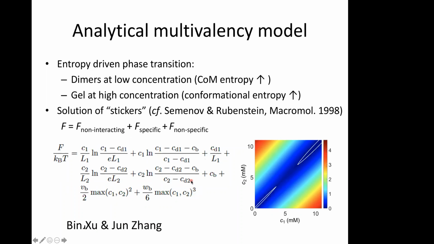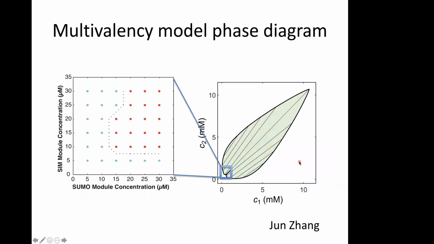So what do we do with this formula? It gives you a free energy as a function of two concentrations, concentration of the SUMOs and the SIMs, and what you get is a landscape of free energies here. And the blue is low, the red is high, and what you can't see here is that these two blue domains, they're basically like what you saw for Flory-Huggins.